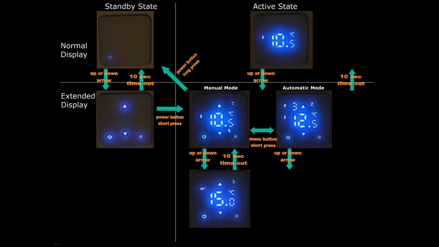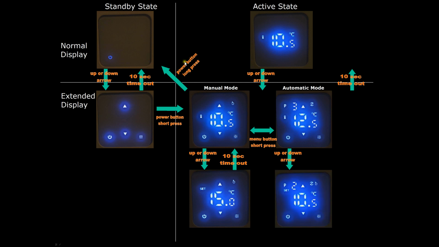Likewise, if we press the up or down arrow button when we're in automatic mode, again the thermometer icon will change to a set icon and the display of the current room temperature will change to a display of the target thermostat temperature.